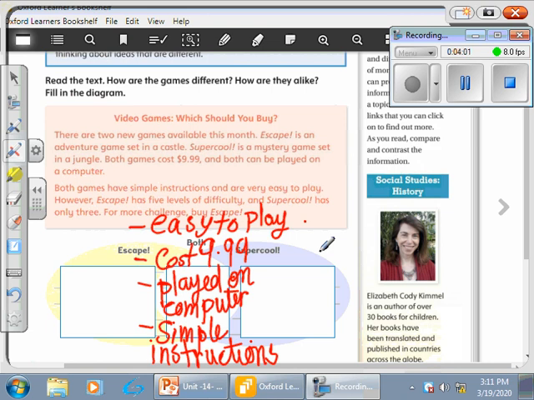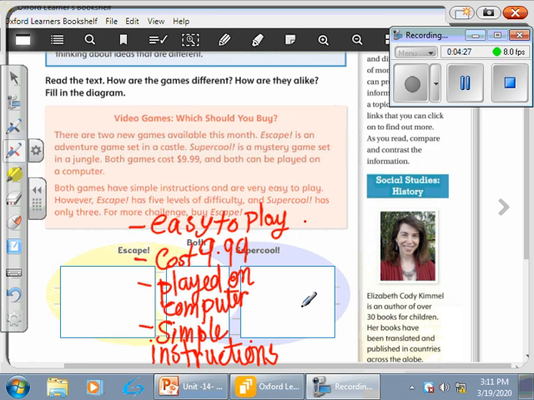Both of them are easy to play. Both cost $9.99. Both played on computer. Both are simple. Both have simple instructions. So that's how you are going to compare and contrast, mention the similarities and the differences between any two items.